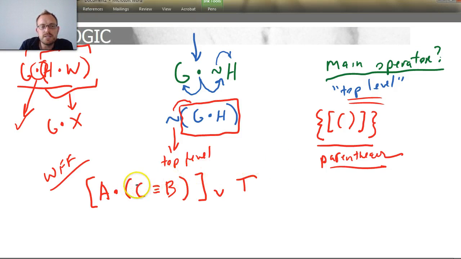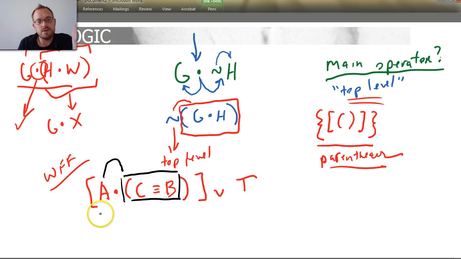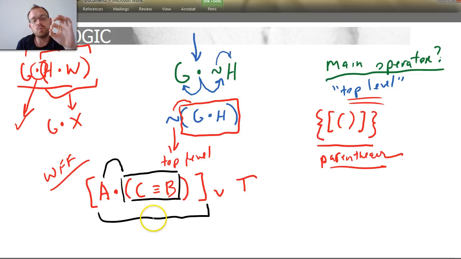Well, the reason I use the top level is that in the very middle there is the C if and only if B, and then beyond that, these two things are combined here, and then this thing is applied to this entire phrase. And then this whole thing counts as one part of the disjunction for the T, which means that this right here is the main operator.